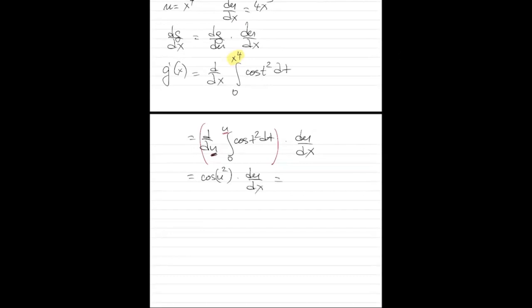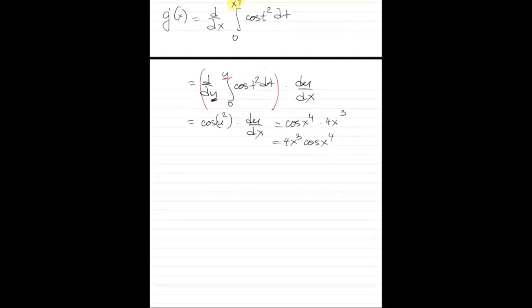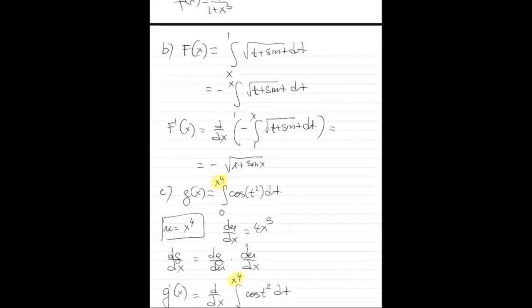Now go back and substitute. u was x to the 4th. So we have cosine of x to the 4th squared, and then du dx is 4x to the 3rd. I like to write 4x to the 3rd on the front, so there's no temptation to simplify further. Okay, so that concludes problem 5 with finding the derivative. So number 6.